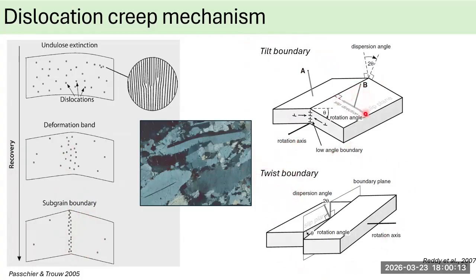But there are three different kinds of information we need to know to determine the slip system: the slip plane, the plane that the crystal slipped along; the slip direction, so what direction it slipped or bent; and the rotation axis along which the slip occurred.